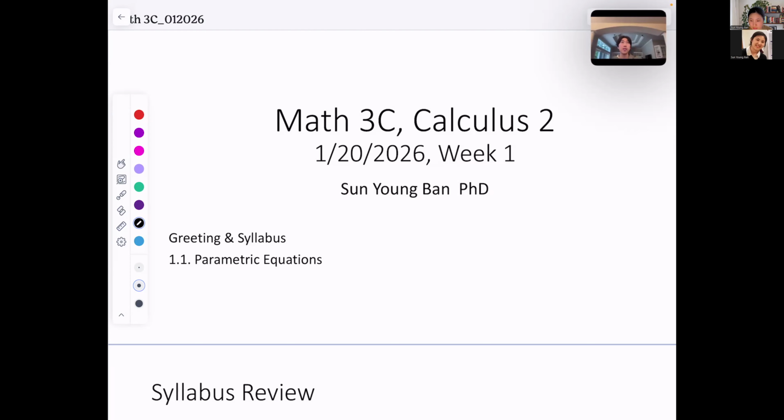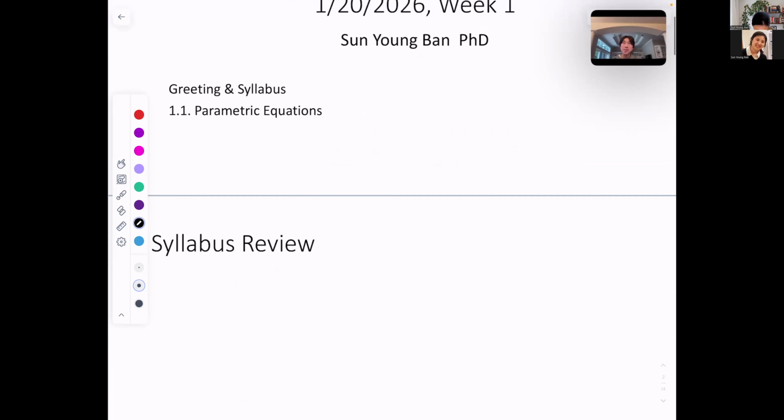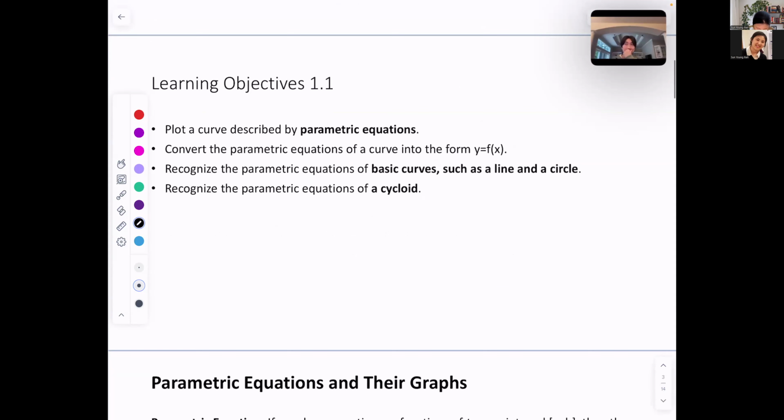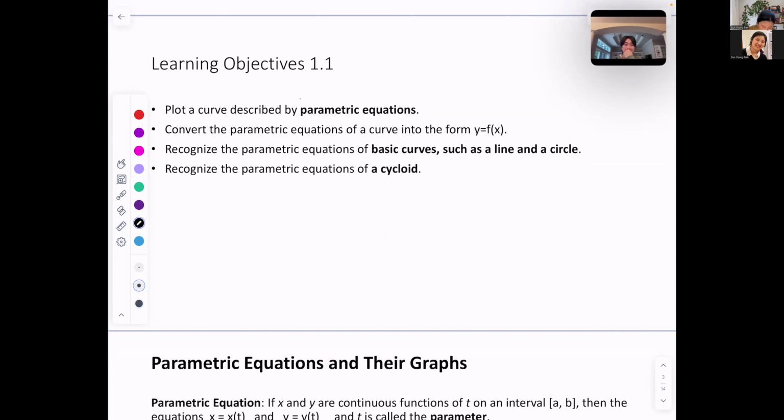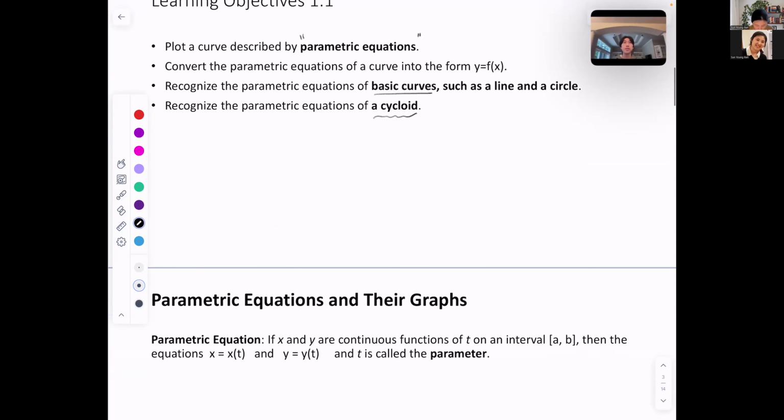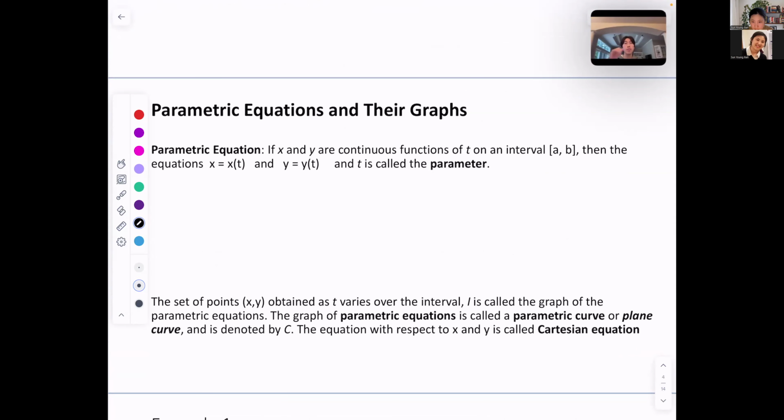Are you guys ready? Okay, so 1.1, we're gonna talk about the parametric equation definition. And then I'm gonna talk about the basic curves such as a line and circle later, and how they are related to parametric equations. And then we're gonna briefly talk about cycloids later.